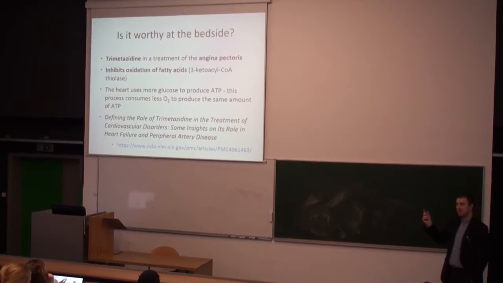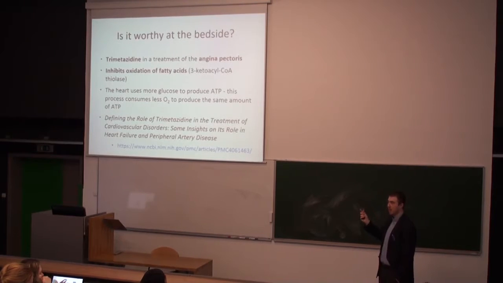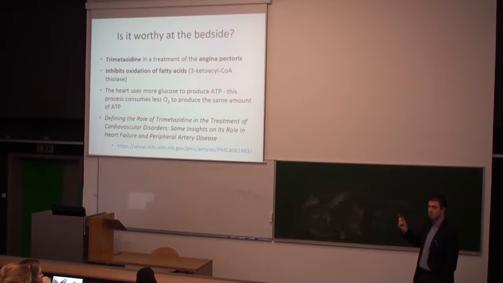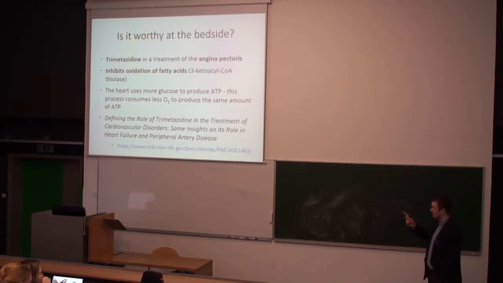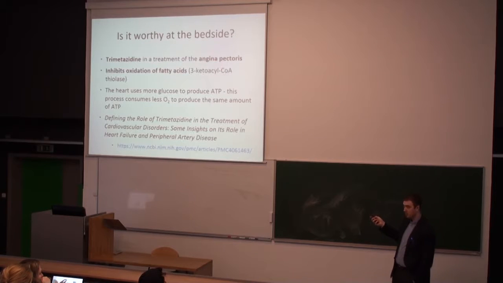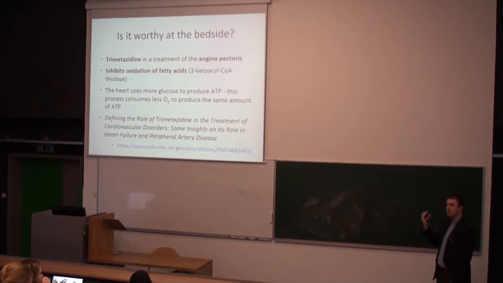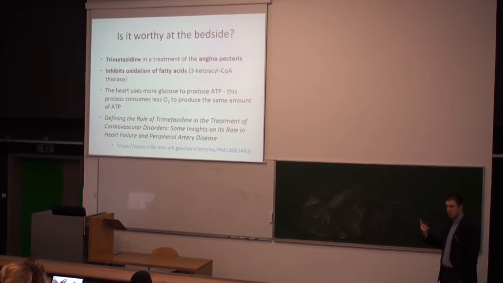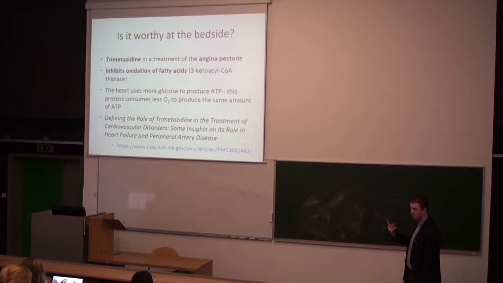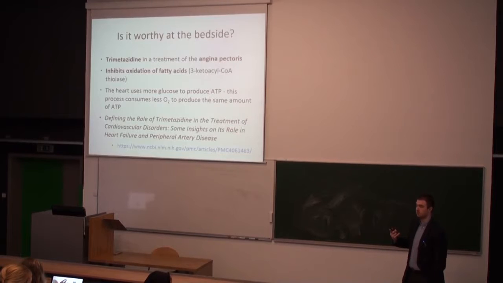The question is, what's the best substrate? From what nutrient will you release the highest amount of energy? As you remember, for glucose it was 4.05 kilocalories, and for fatty acids it was 4.55 kilocalories. Therefore, if you have, for example, angina pectoris, a disease where you have hypoxia in cardiac muscle, that means you have a lack of oxygen, then it's better to force your heart to consume glucose, therefore giving more ATP per 1 liter of oxygen than when burning the fatty acids.